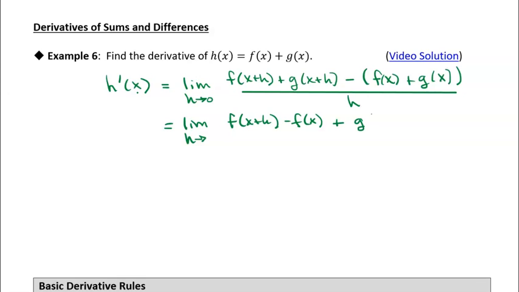So g of x plus h minus g of x. Okay, so we have to distribute that negative, so this will be a minus g of x. And then I'm going to divide all of that by h.